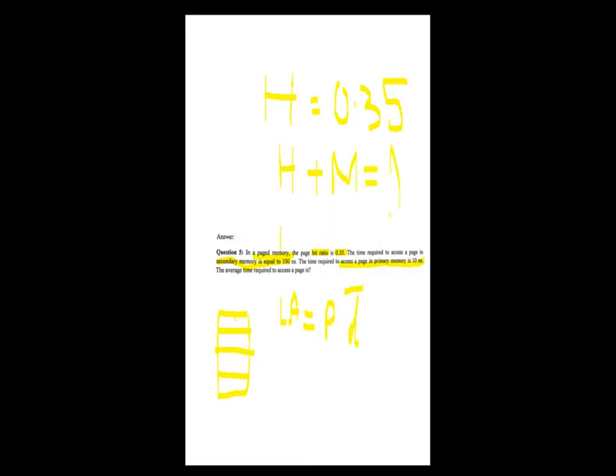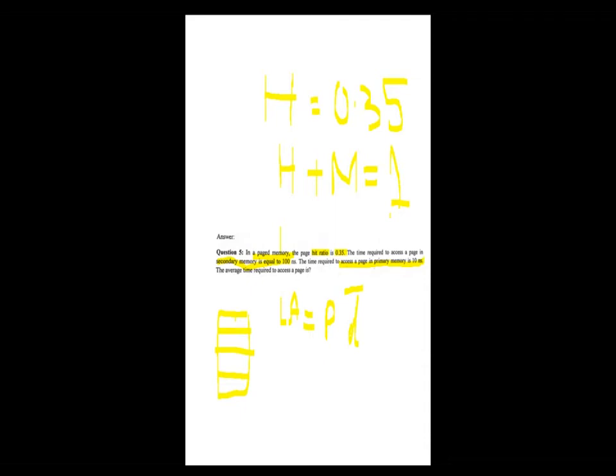The hit ratio is given as 0.35 and miss is not given, so we can easily identify the miss ratio as 1 minus h. Any question? It will be 0.65, because h is 0.35 and m is equal to 1 minus h.